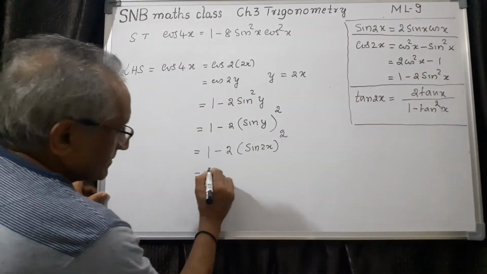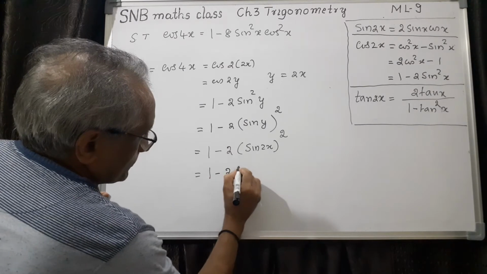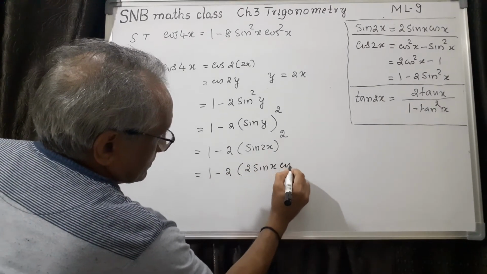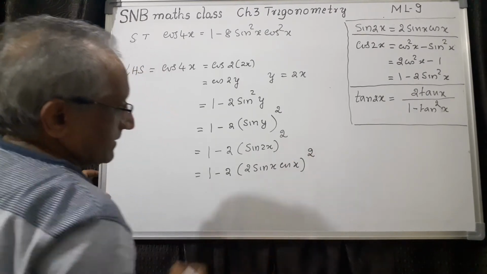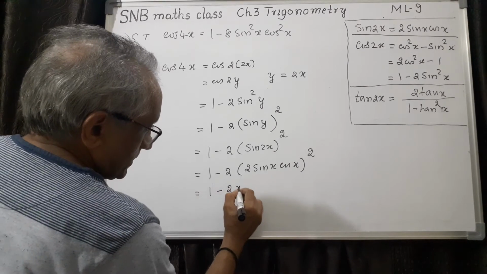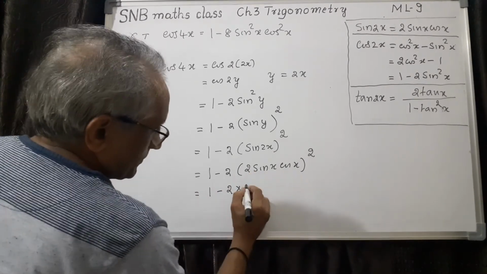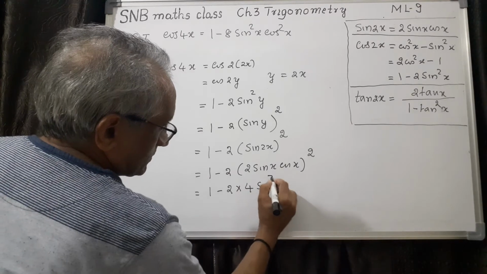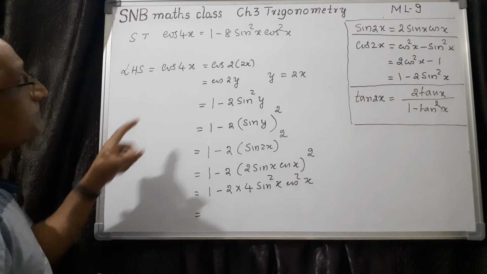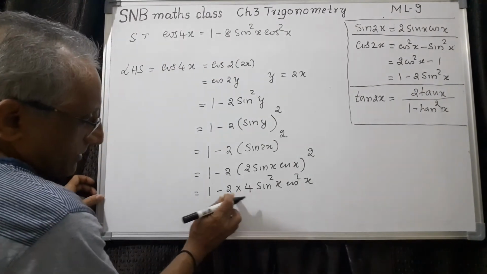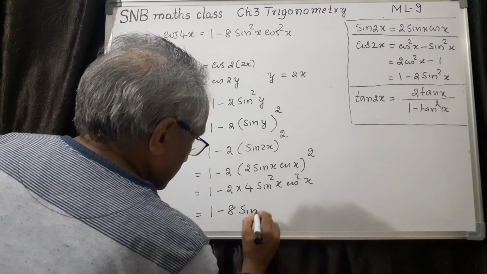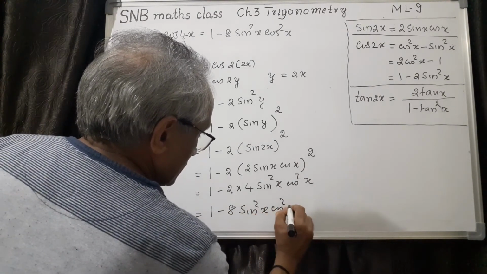Therefore, I have to write here 1 minus 2 times 2 sin x cos x whole square. If you simplify, remove the bracket, 4 sin square x cos square x. Last step, 4 into 2 is 8. So this is 1 minus 8 sin square x cos square x.